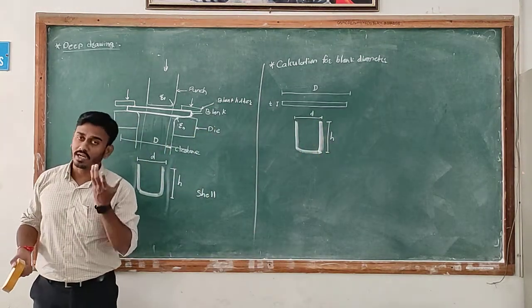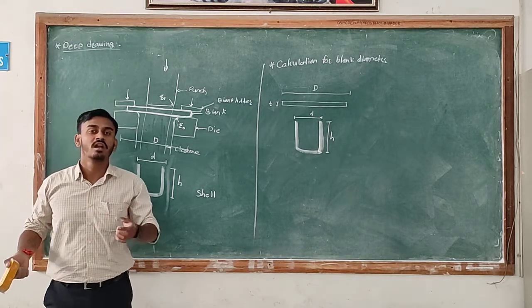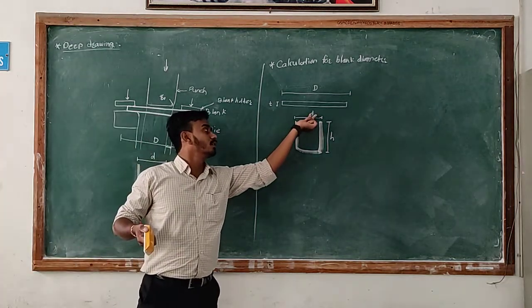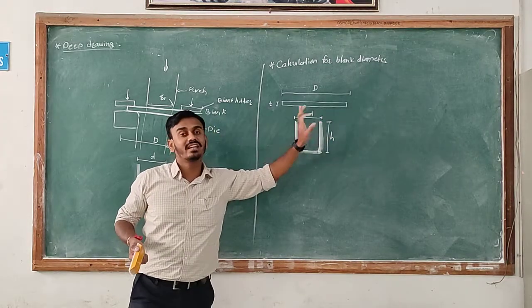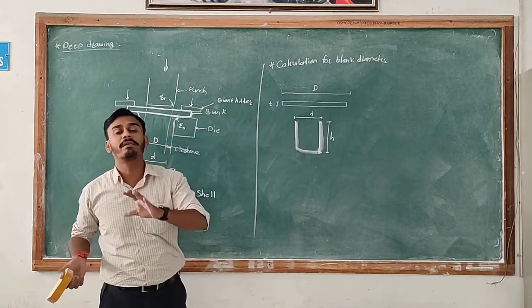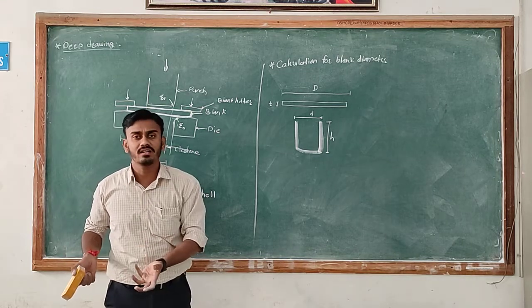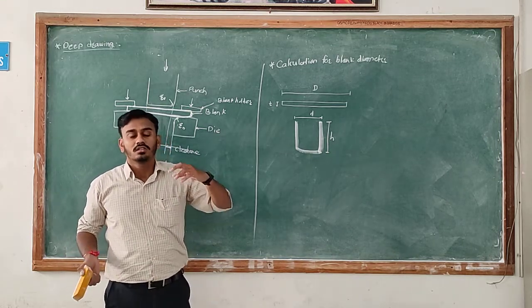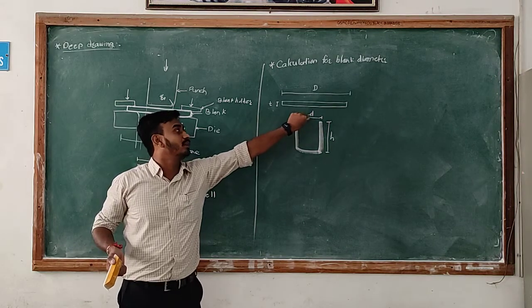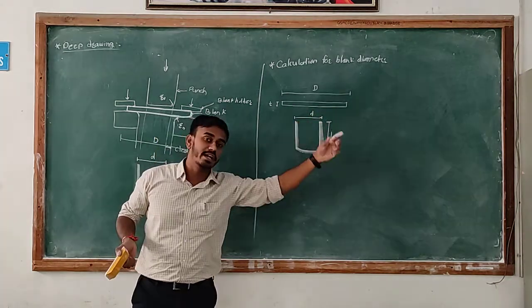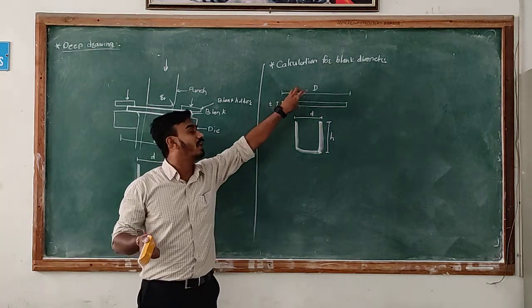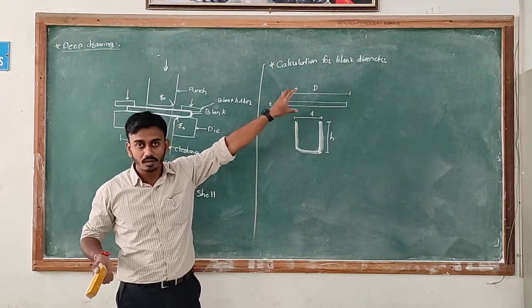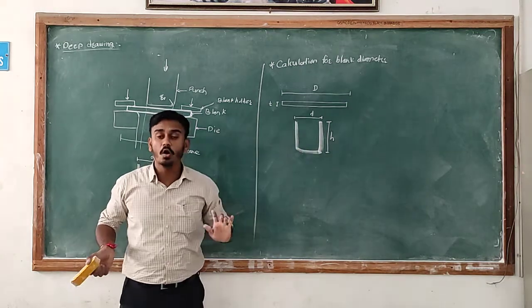Suppose I want a shell of diameter 100 mm and height also 100 mm, then what size of blank do we have to choose to get this as an output?